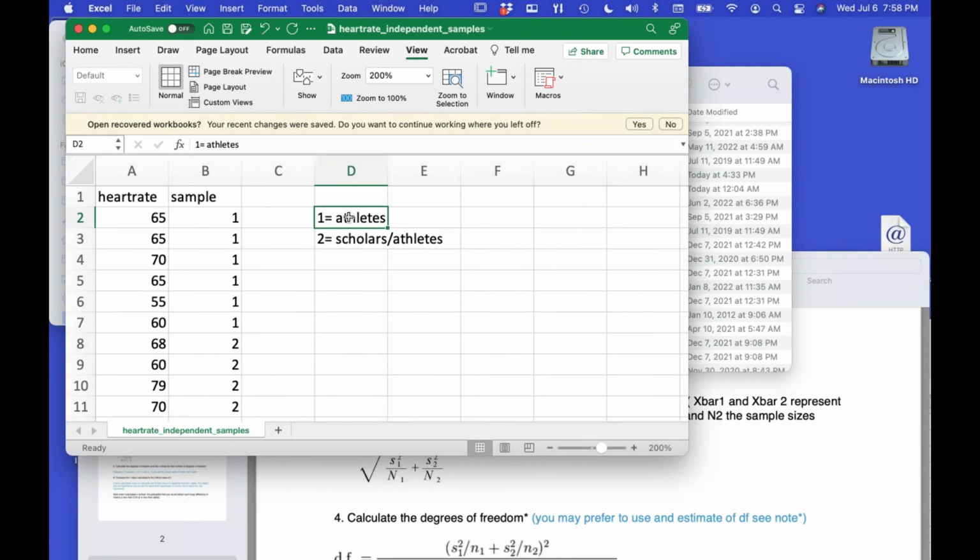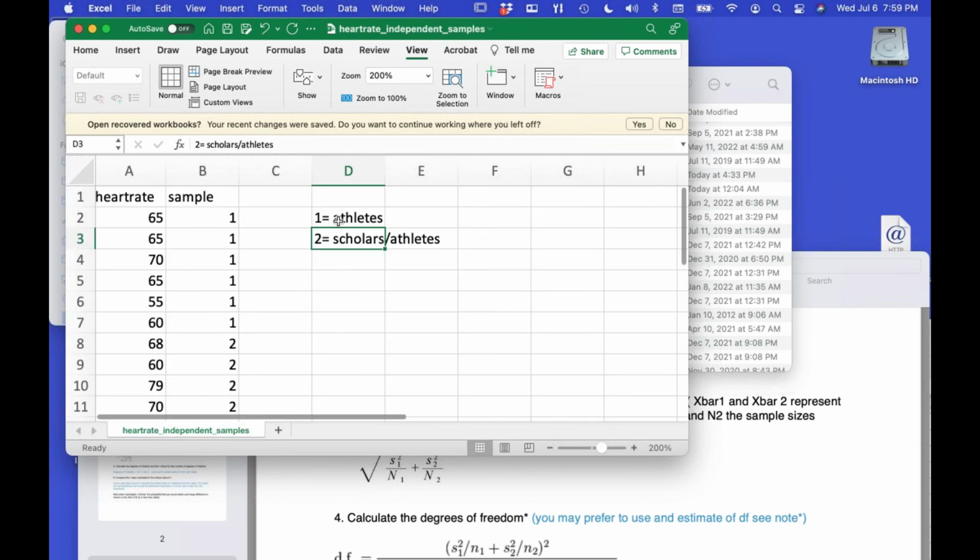So in other words, these guys play in the NCAA, and these guys are just intramural athletes, and we want to see if there's a difference in the physical fitness or resting heart rates for these two groups. So here is group 1, which is athletes, and here's group 2, which is scholars, right? So we want to know if there's a difference between these two means.